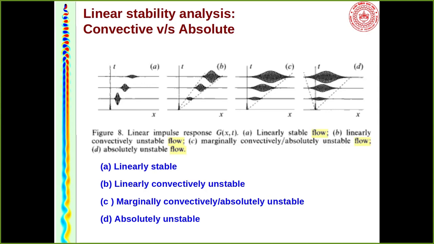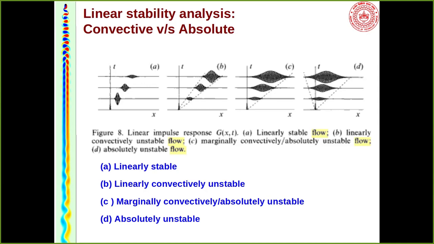Absolute instabilities are very strong. Convective instabilities are not so strong. They will be washed out eventually. But absolute instabilities keep on giving feedback, and they are very, very strong. So they are also called self-excited. So imagine I had flow past a circular cylinder, and if I had an instability that grows, but it also travels, then eventually it will be washed out.